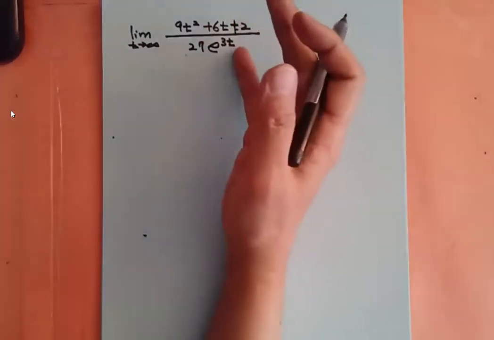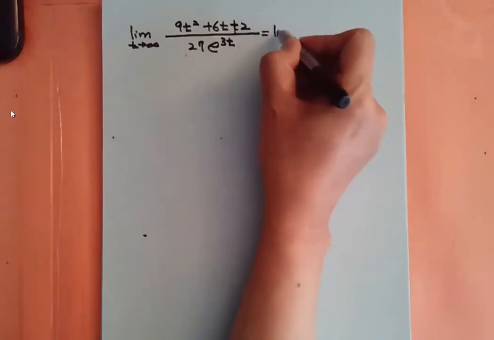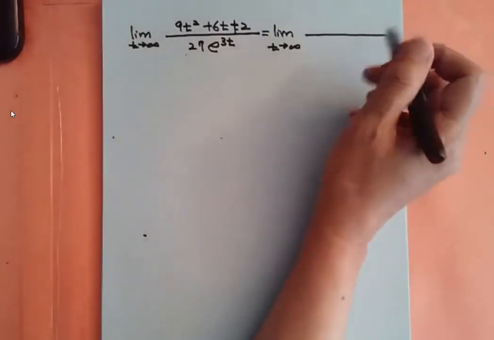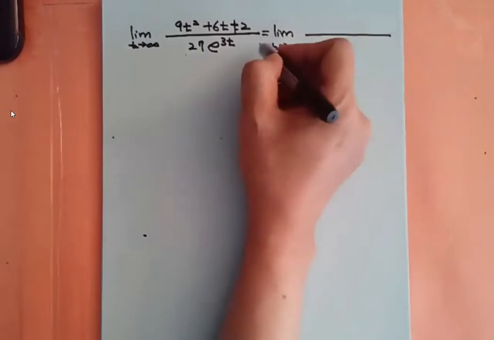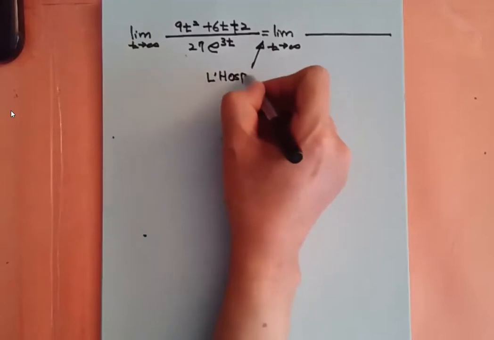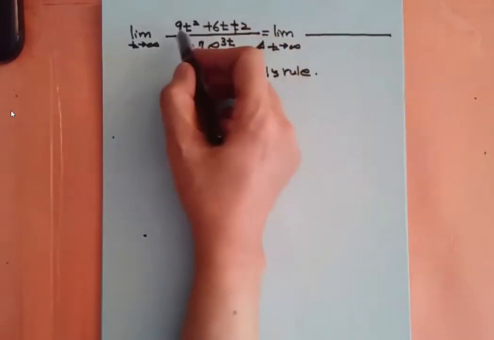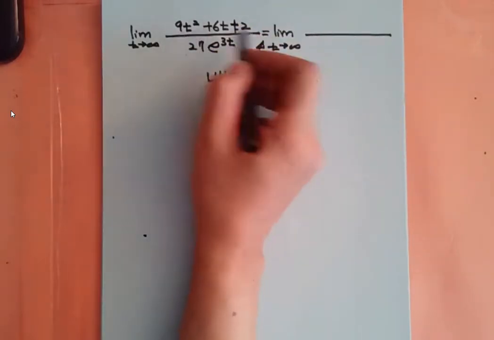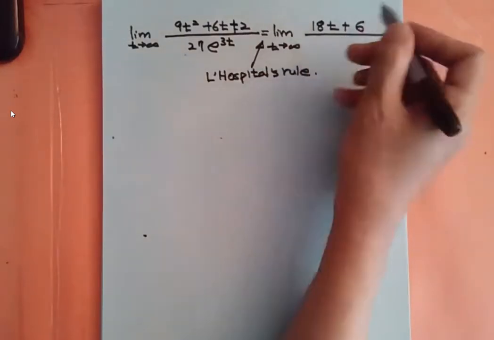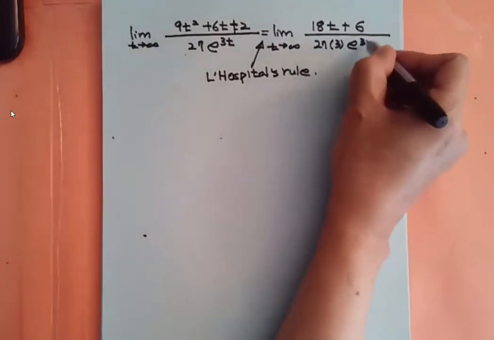So we notice that those two, numerator and denominator, go to infinity. So the limit goes to infinity. We use L'Hopital's rule. So when we differentiate, the numerator will be 18t plus 6, and the denominator is 27 times 3 times e to the 3t.